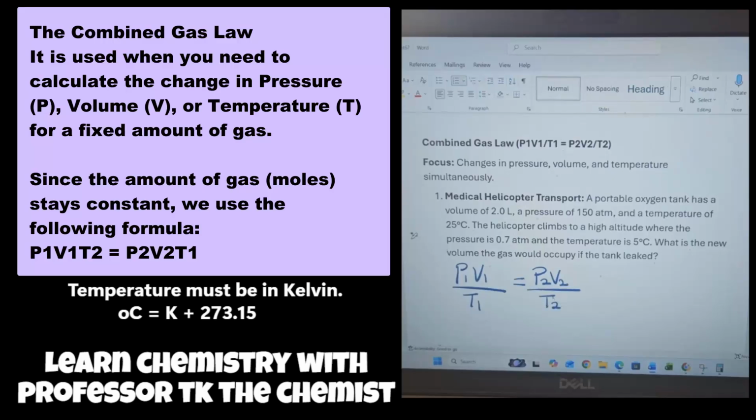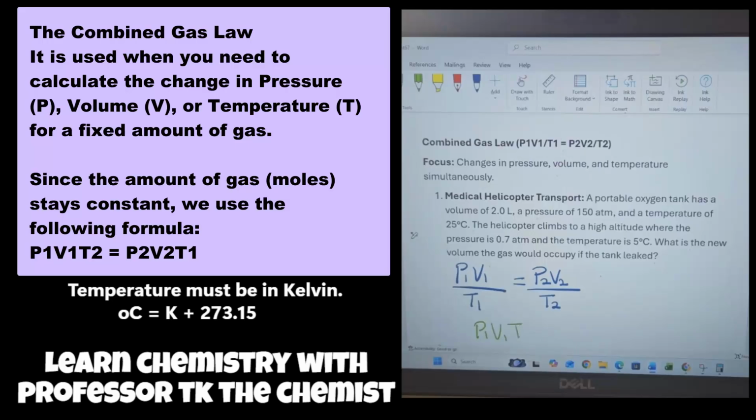Now, all you have to do is cross multiply. And that's what I'm going to do. I would never suggest you plug the numbers in a formula just like that. My recommendation is that you go ahead and cross multiply so that you can get one succinct formula that looks like this: P1 times V1 times T2 equals P2 times V2 times T1.